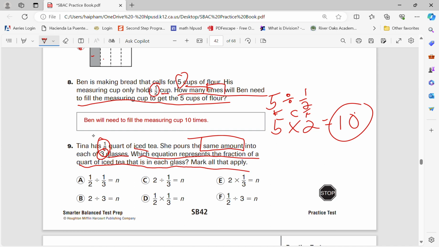Mark all that apply. Again, we are looking for more than one answer. We have 1/2 divided by 3, or 1/2 times the reciprocal of 3, which is 1/3.